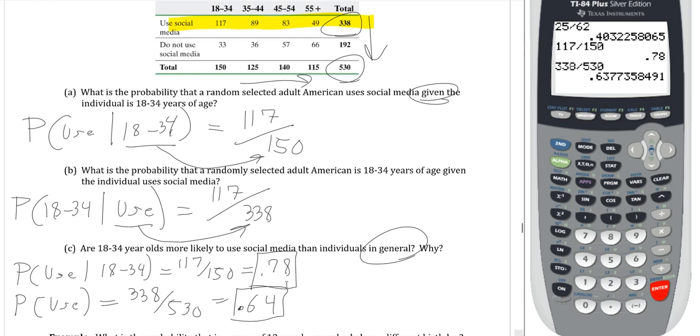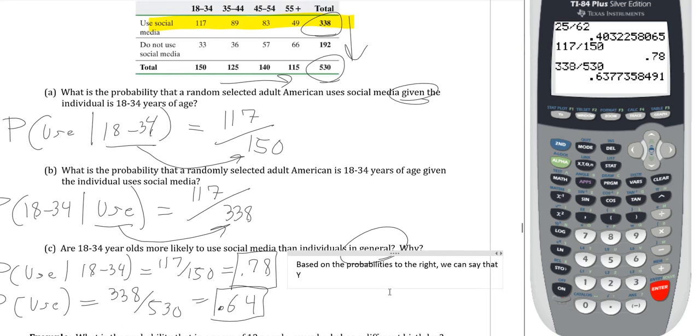Therefore, looking at our probabilities, we can make a statement about this. Based on the probabilities to the right, we can say that yes, 18 to 34-year-olds are more likely to use social media than individuals in general.